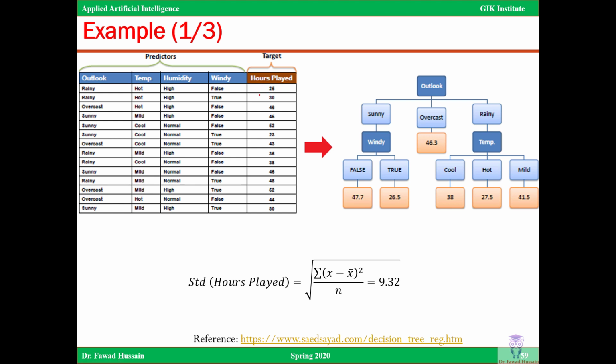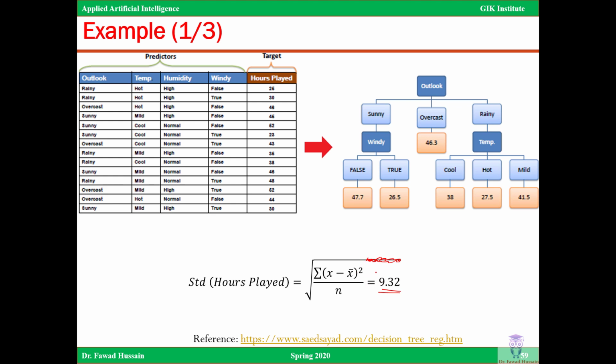So in this case, just like in the decision tree, where we first of all computed the entropy of the entire data before looking at the gain, we are going to calculate the standard deviation of this data. The standard deviation of this data is 9.2. So this square root is only for this part.